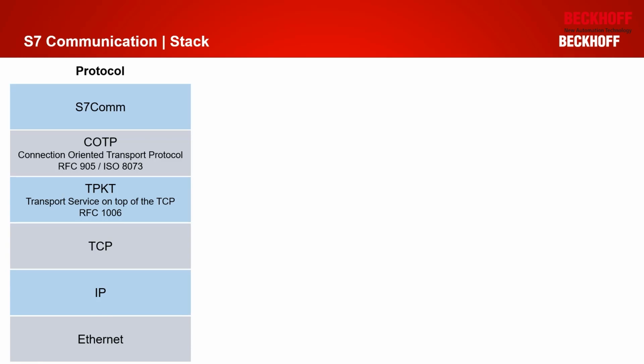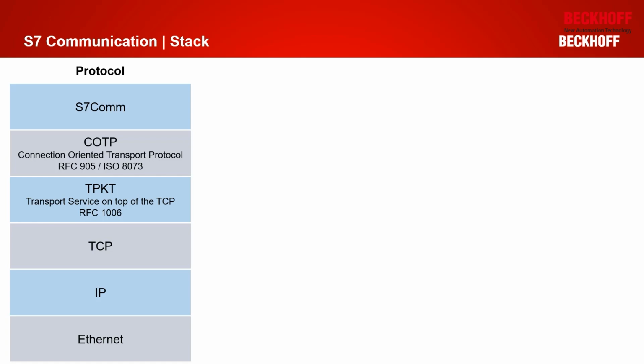As you can see, this protocol is based on TCP/IP. On TCP, we have TPKT, COTP, and on the top the S7 COM layer that provides exchanging data with the S7. Like I said before, the functionalities of these layers aren't in our scope today.